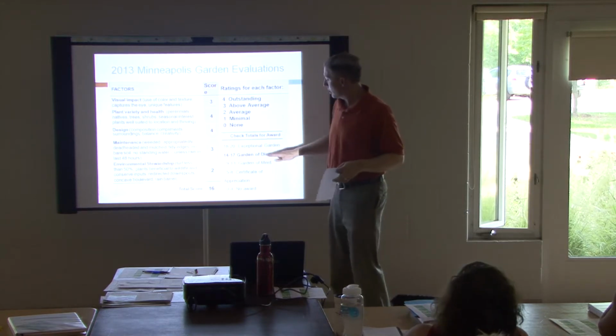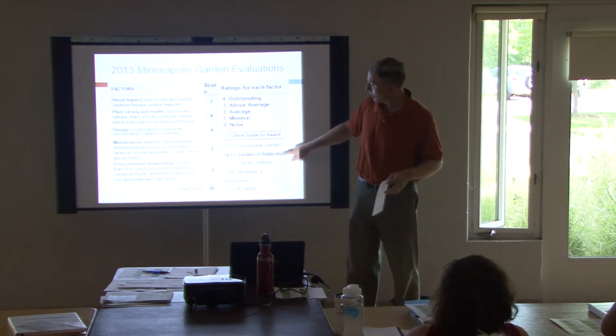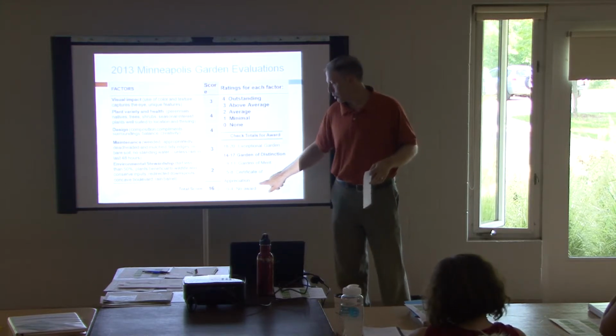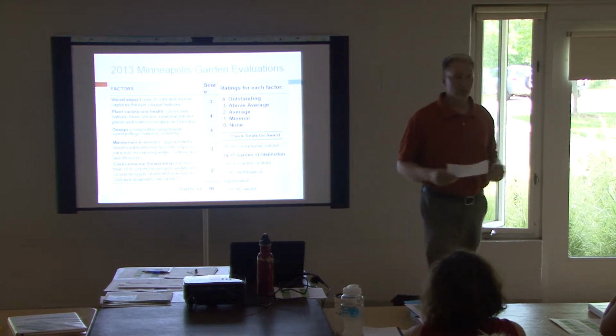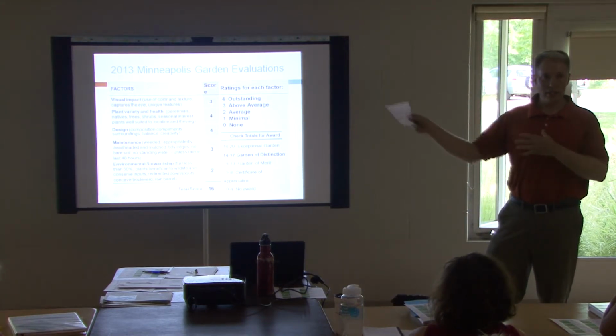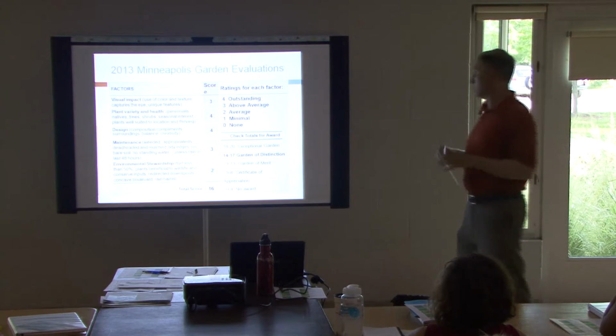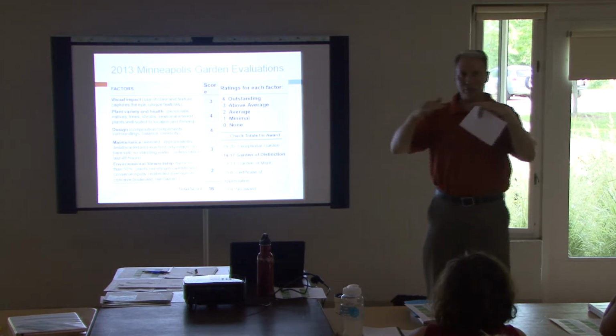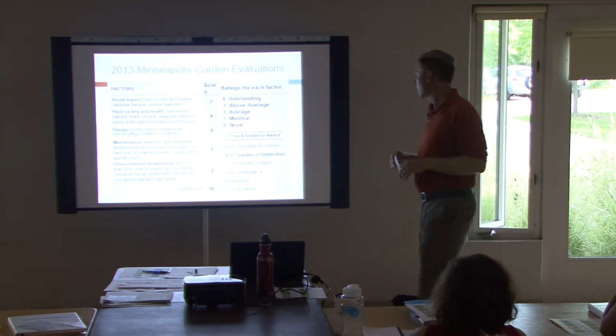So we have Exceptional Garden, Garden of Distinction, Garden of Merit, Certificate of Appreciation and No Award. And so if information was being sent to the city based on rain gardens, if it was a No Award level, then it may indicate that something needs to be done with that planting.